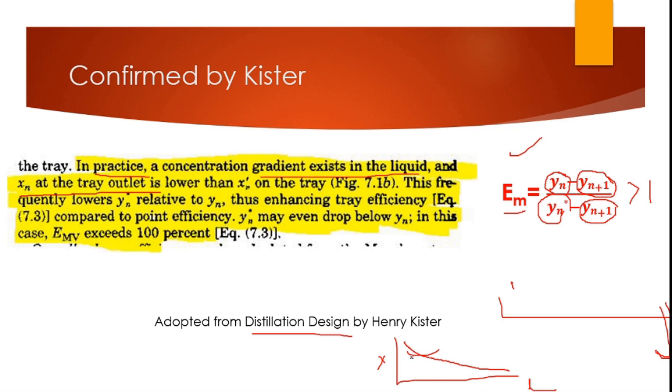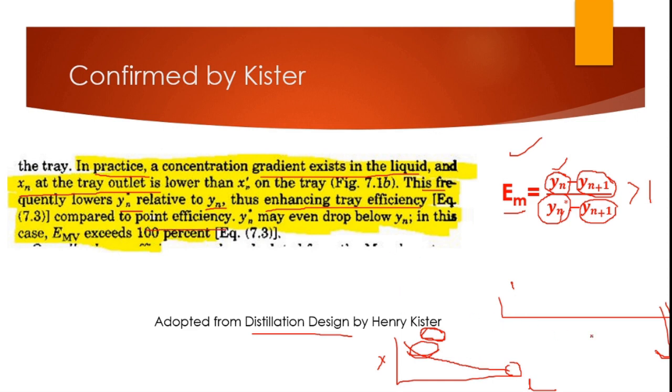At the initial stage of the tray, in this region, the concentration of the more volatile component in the liquid will be high. So Xn will be low at the tray outlet and high over the tray, and this frequently lowers the Yn star relative to Yn, which I just told you. This Yn star gets lowered compared to Yn due to the concentration gradient, which causes a very rich concentration of vapor over that point, thus enhancing tray efficiency compared to point efficiency.